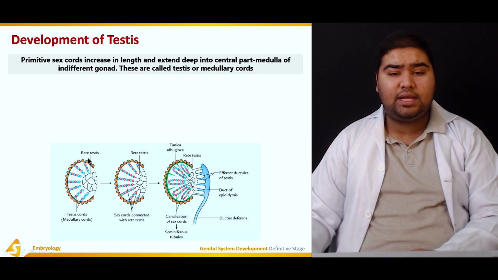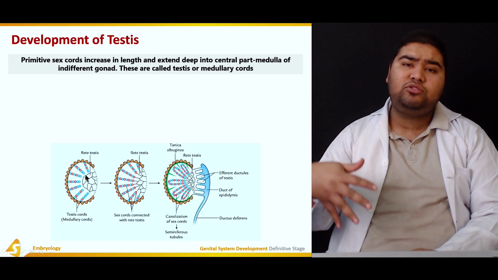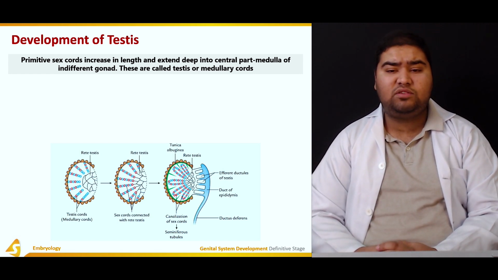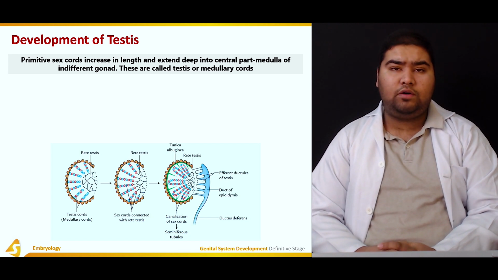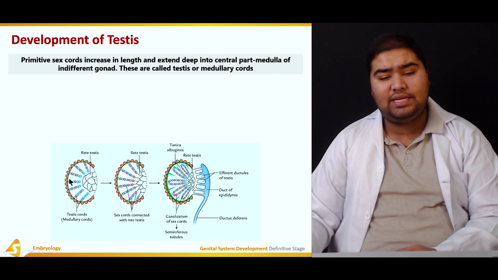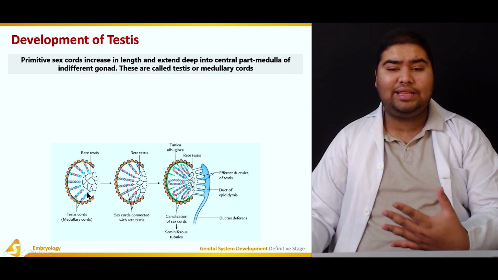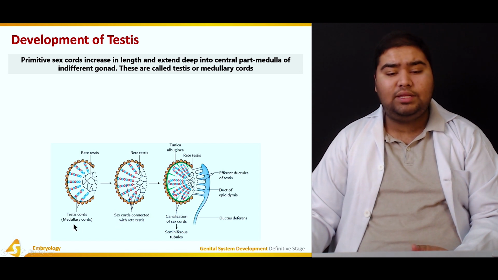The primitive sex cords continue to increase in length, hence they penetrate this reproductive ridge further and extend deep into the central part of the indifferent gonad. These sex cords are extending deep into the medulla of the indifferent gonad. At this point in time, they are called the testes cords or the medullary cords.